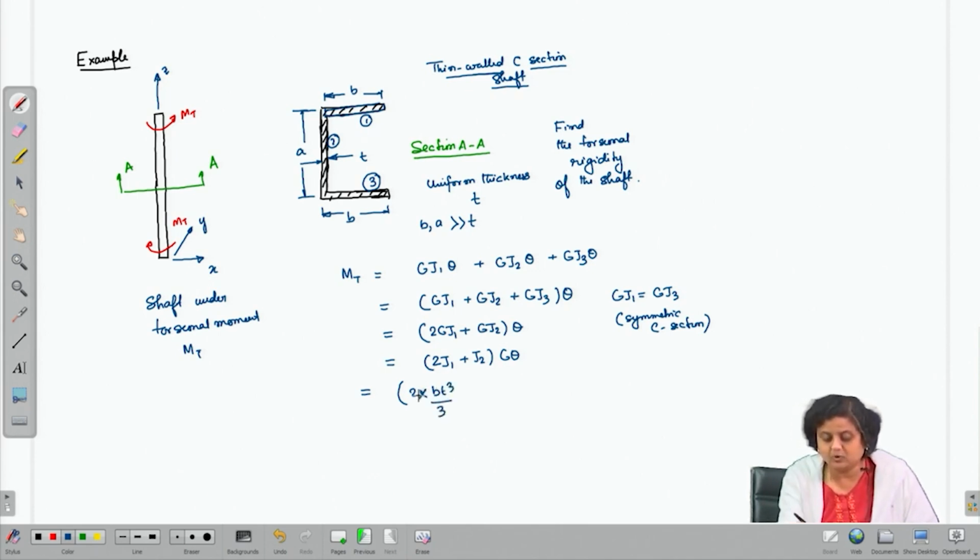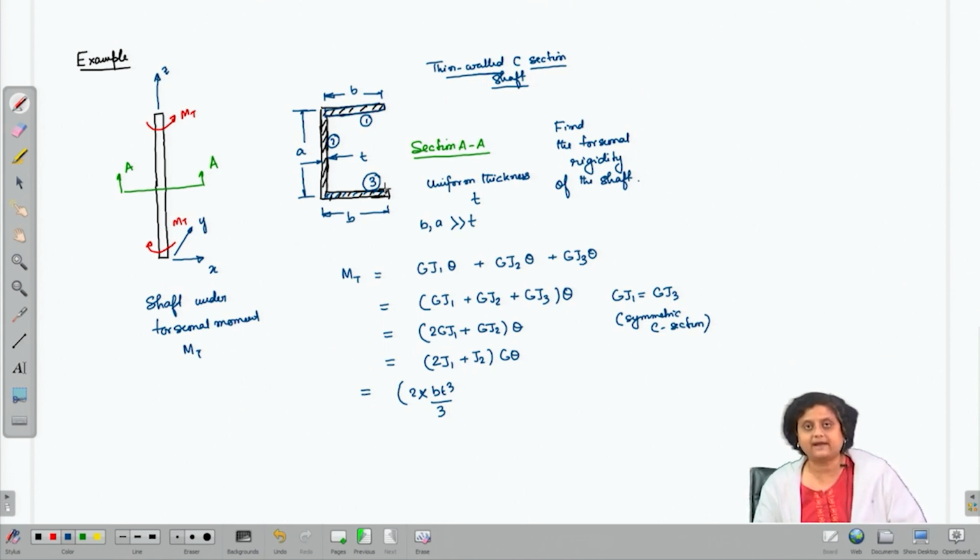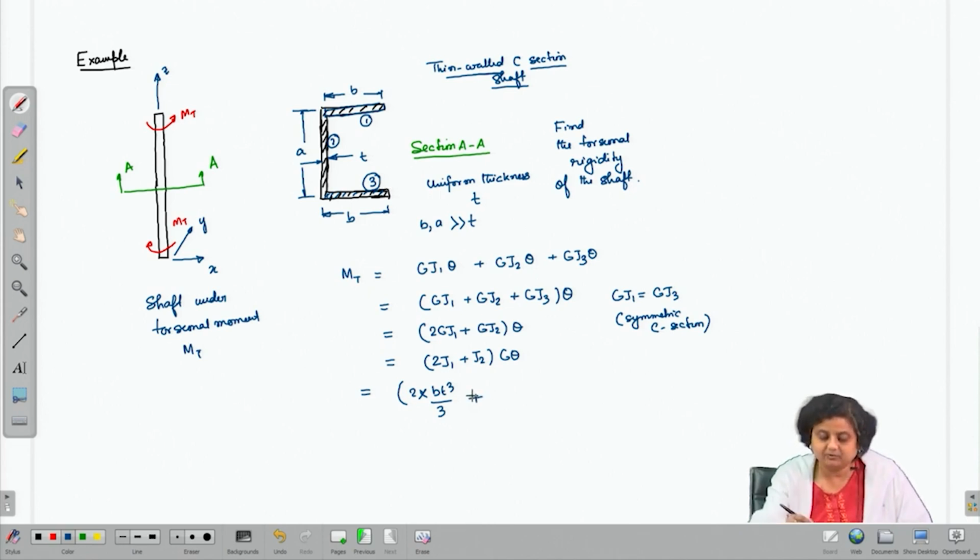So, these two portions can be considered as a cross section of thin rectangle with thickness T and the length B. Similarly, this portion can be considered as a thin rectangular cross section with thickness T and length A. So, this can be written as A T cube by 3 into G theta.